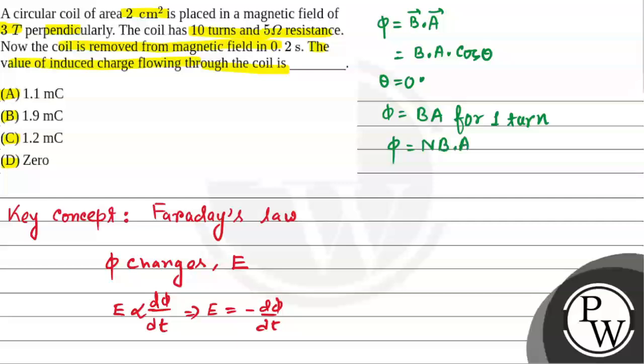Okay. Now from the key concept we can say that E equals minus d phi by dt.